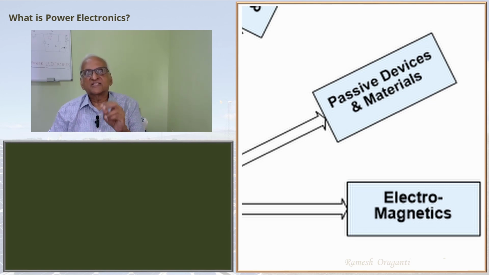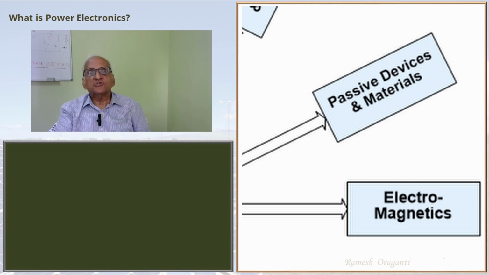The materials such as the magnetic materials, core materials, the dielectric materials used in the capacitors, a power electronics engineer will typically be knowledgeable about them also. So passive devices and materials become important for a power electronics engineer.